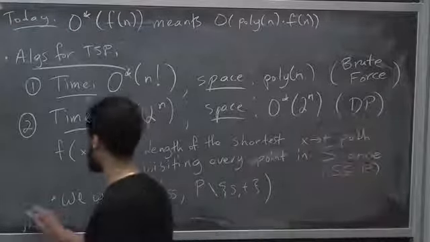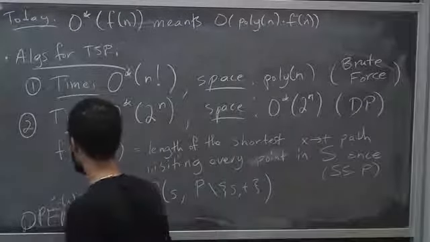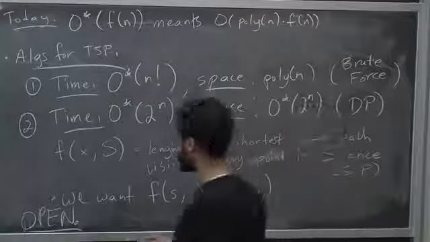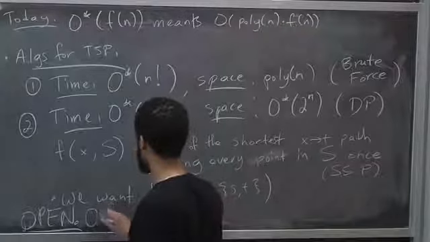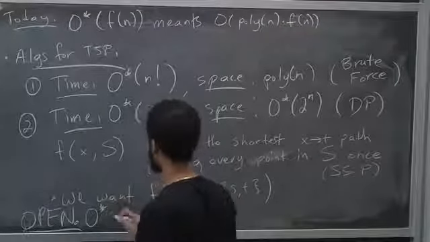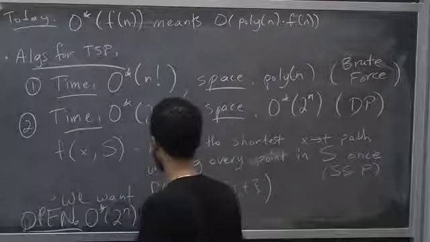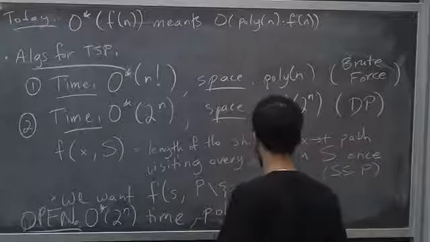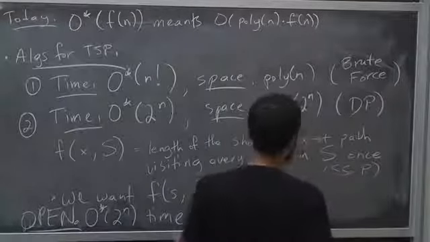And actually, it's an open problem to get O star 2 to the n time and poly n space. It's not known how to do that.